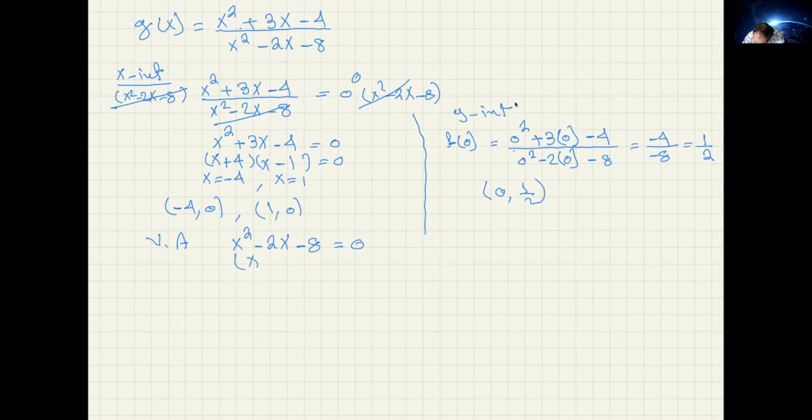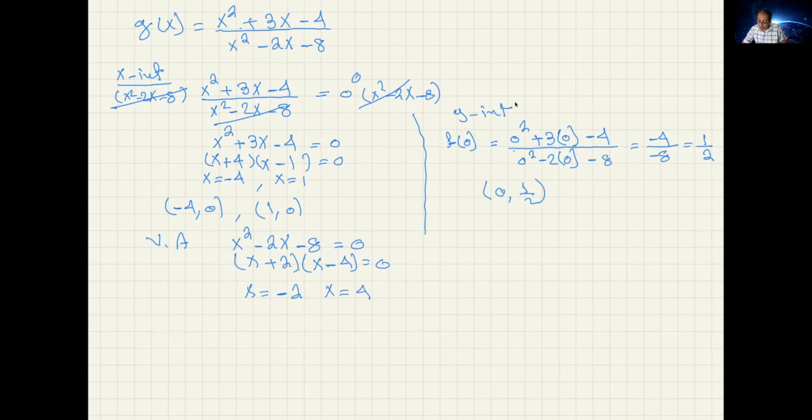So I have x plus 2 times x minus 4 equals 0. And now I have two values of x. I have x is -2 and x is 4.